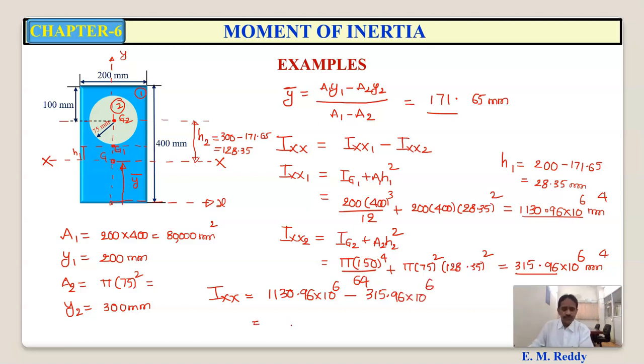That gives you 815.0 into 10 raised to 6 mm raised to 4. So this is our final answer. Understood? Thank you.